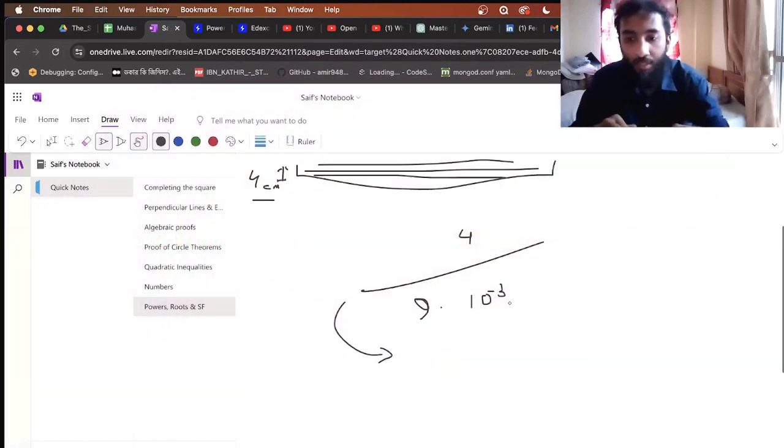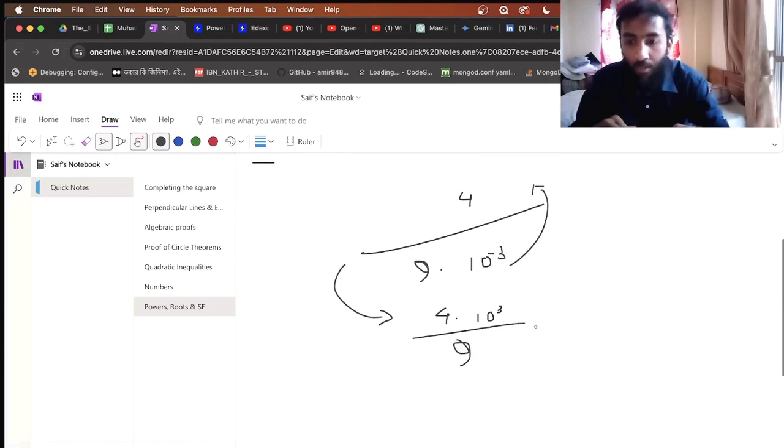we can get the calculation. What is the calculation? If I take this here, it will be 4 multiplied by 10 cubed, since 10 to the power minus 3 will become plus 3, divided by 9. This is also 4 into 1000, or 4000 by 9. So can 4000 by 9 result in 500 or more?